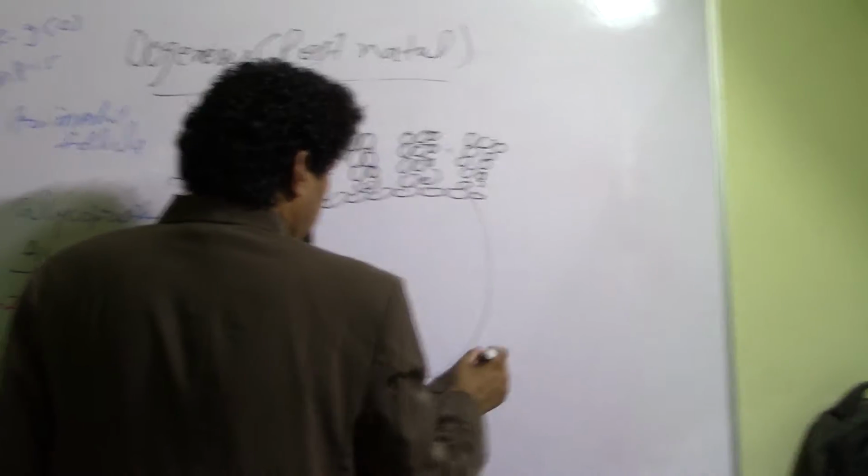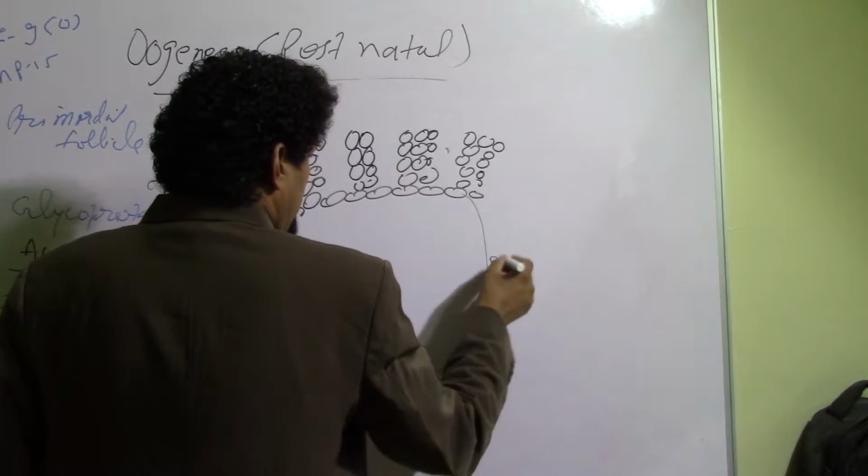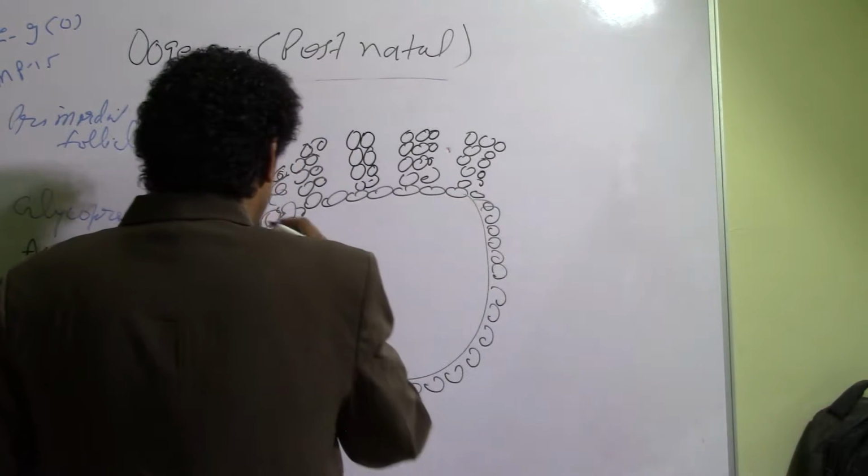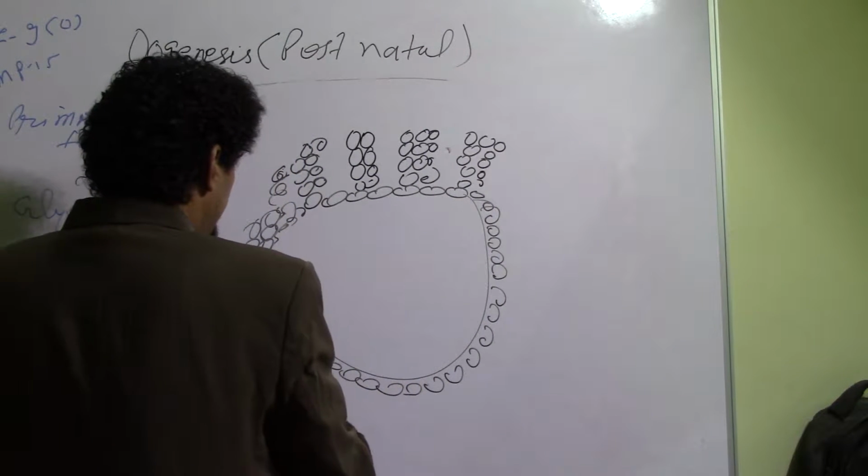And there are multiple layers of cuboidal cells known as granular cells.